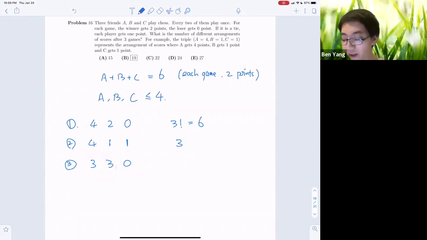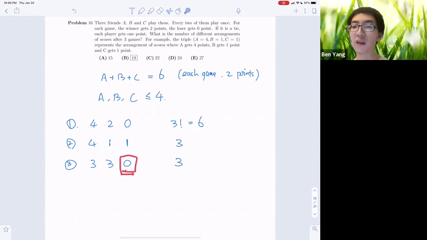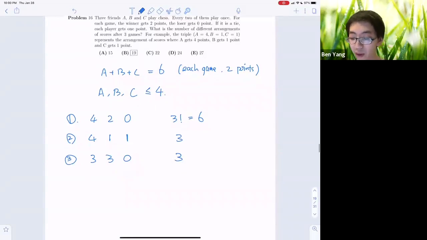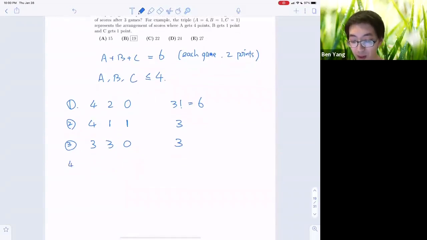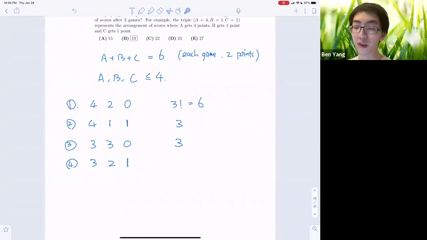Again, there are 3 cases because this 0 can be A, B, or C, and the rest of the 2 people should be 3. Okay, so 3 cases. And next one, we have 3, 2, 1. That's the distribution of scores.